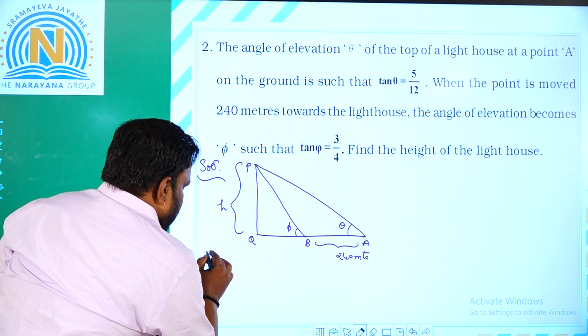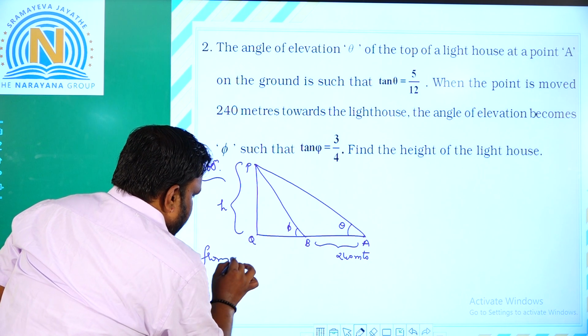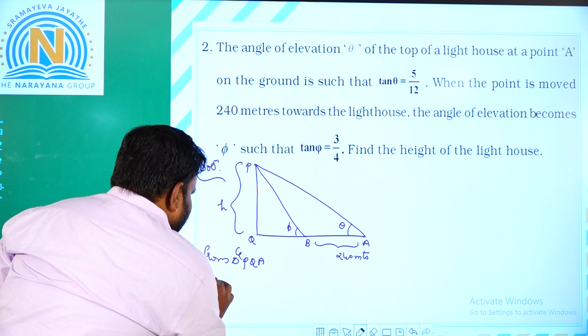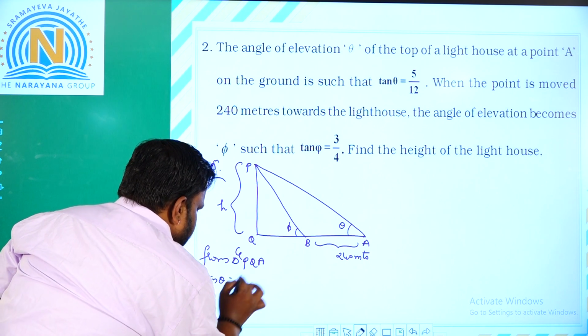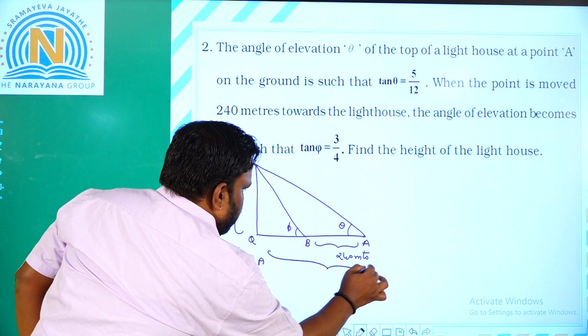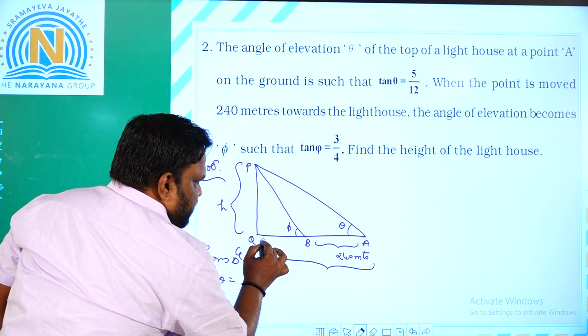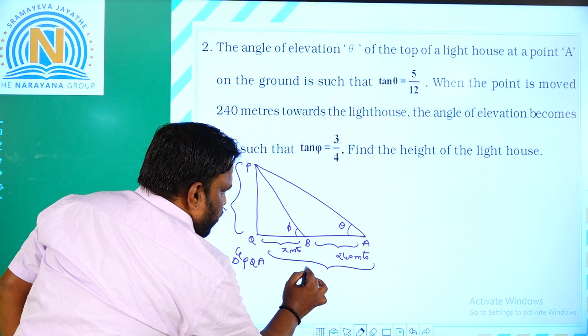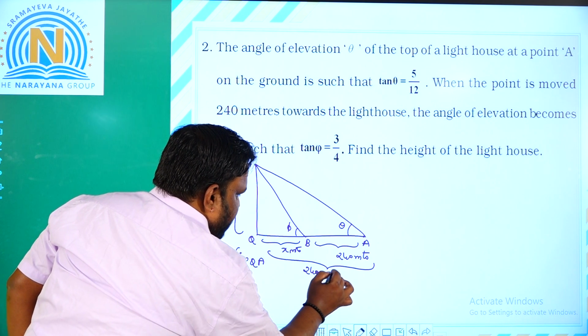From the triangle PQA, tan theta is equal to PQ by QA. Okay. So you don't know this QB part. Let us take this QB distance as x meters. Then what will be QA? QA will be nothing but 240 plus x.